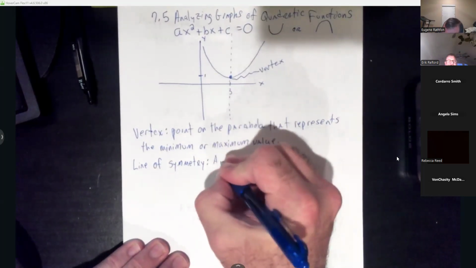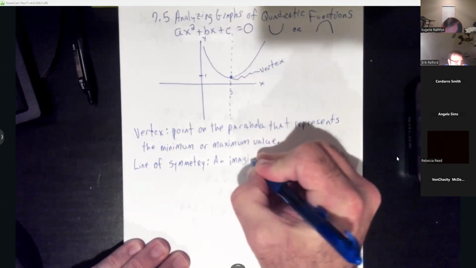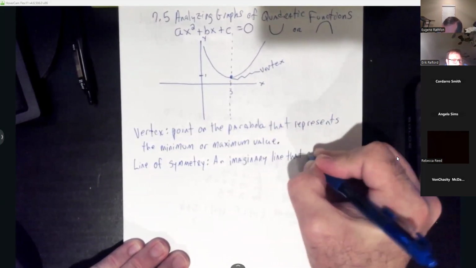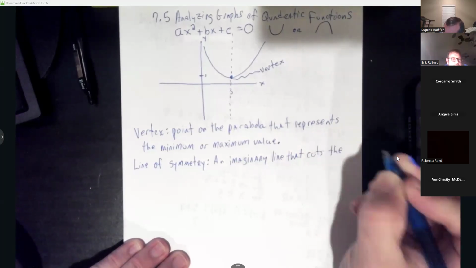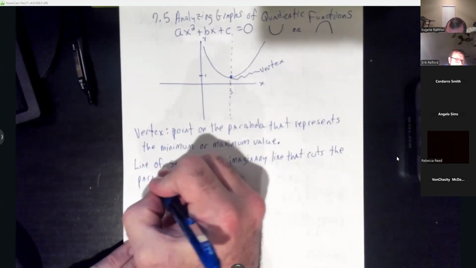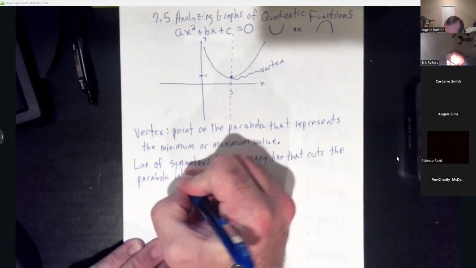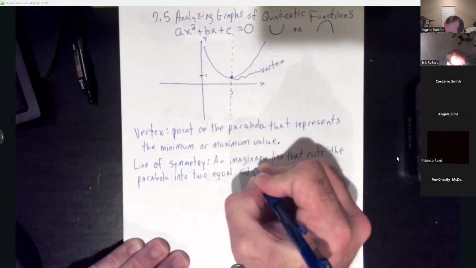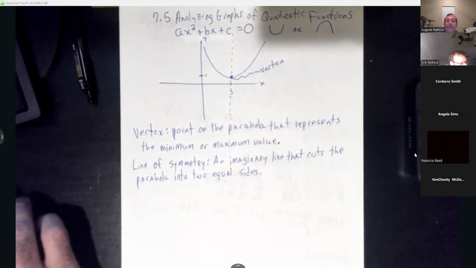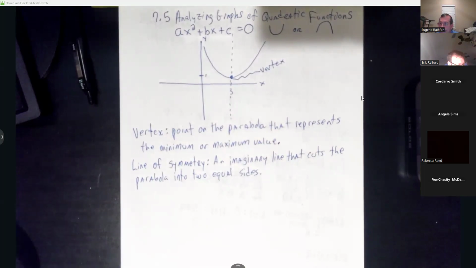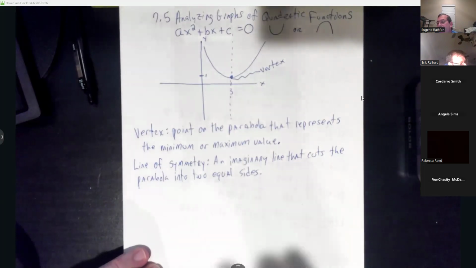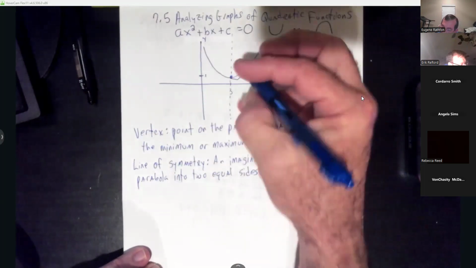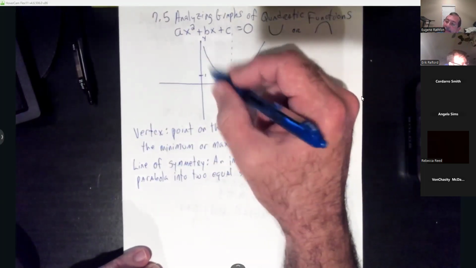Now, an imaginary line that cuts the parabola into two equal sides. Okay, and remember, it's almost like being symmetric to the y-axis, y'all. I can take this parabola, fold it over that line of symmetry, and this right half will land on that left half there, okay?